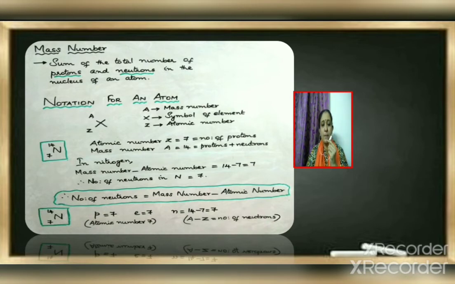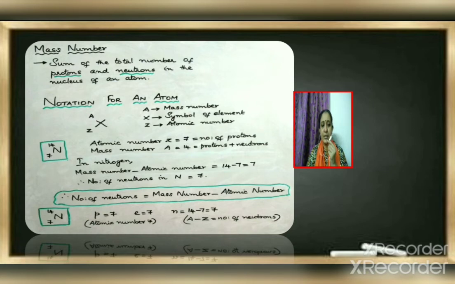Thus, if we know the mass number and the atomic number, we can get the number of neutrons. How can we get the number of neutrons? Mass number minus atomic number will give the number of neutrons. In the case of nitrogen, the number of neutrons is equal to 14 minus 7, which is equal to 7. Thus, by knowing the mass number and atomic number, we can get the number of neutrons.